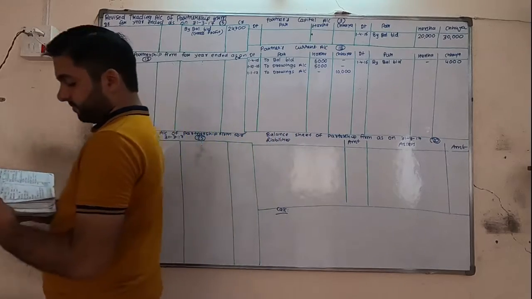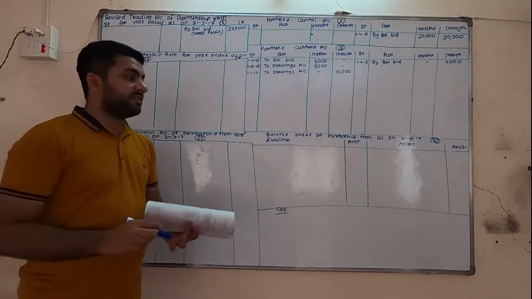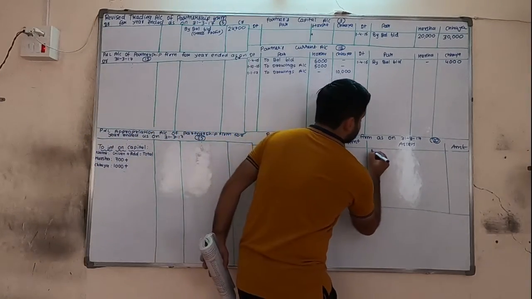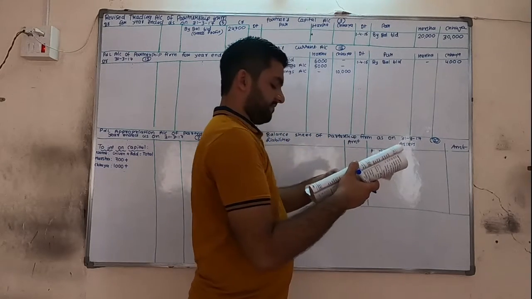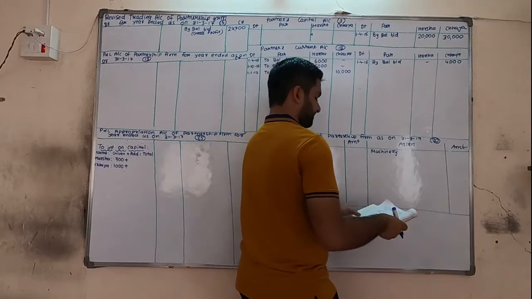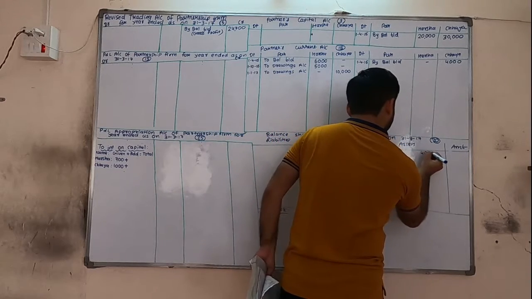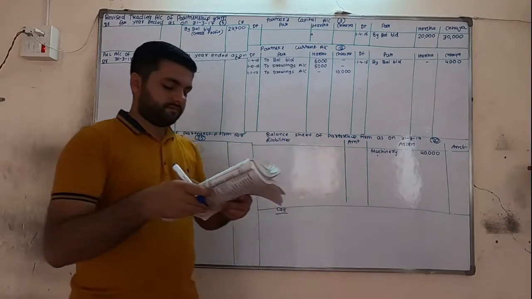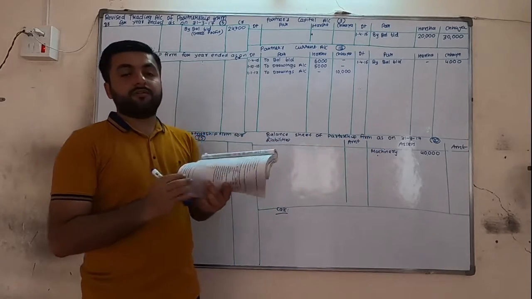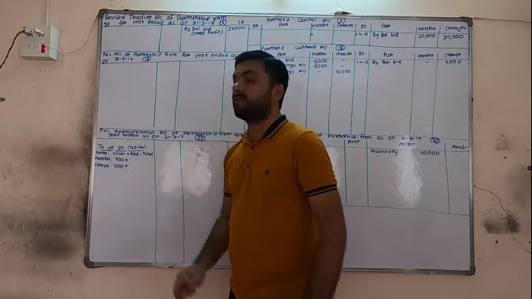Yes. Now machinery. Machinery is our asset. It has an adjustment. So on asset side in the inner column, machinery 40,000. Leaving one line. Now interest on loan. Now this is also like interest on capital.